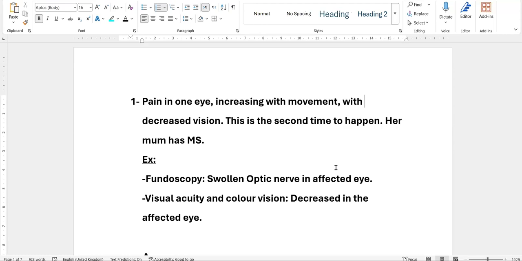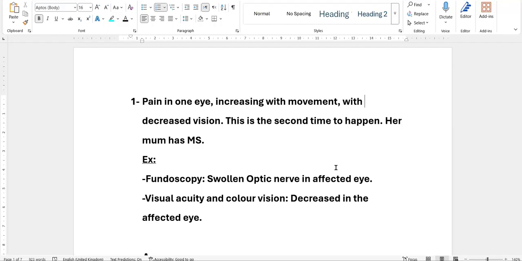The patient has pain in the eye, increasing with movement, and has affected visual acuity and color vision. She has a family history of multiple sclerosis. So what could it be? Optic neuritis. All right, optic neuritis. Okay, so let's see.